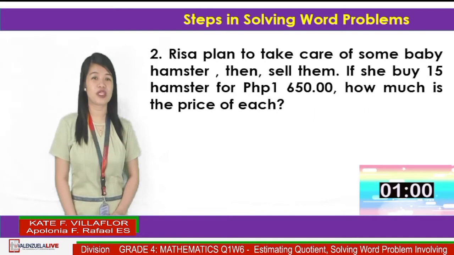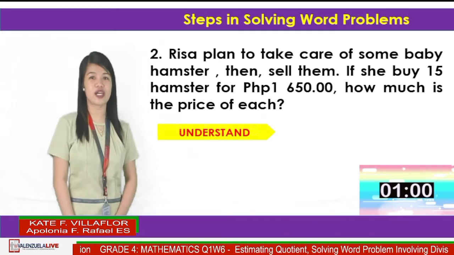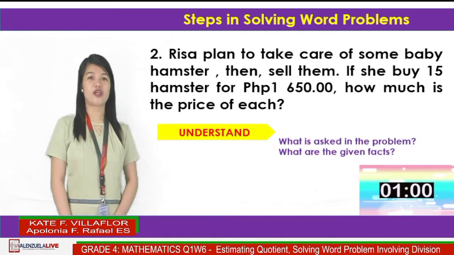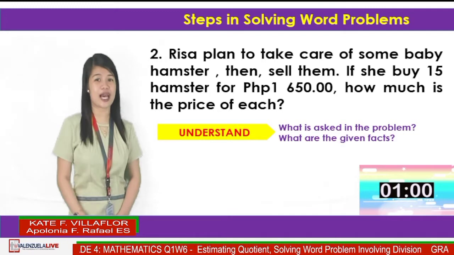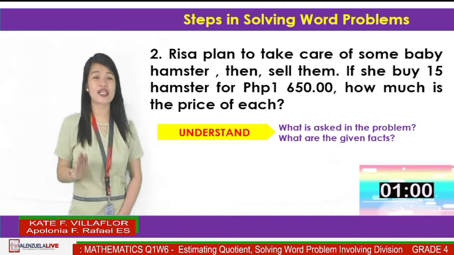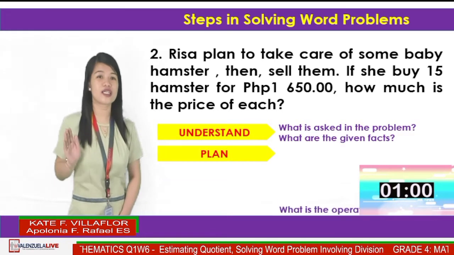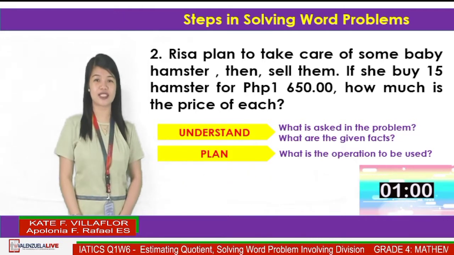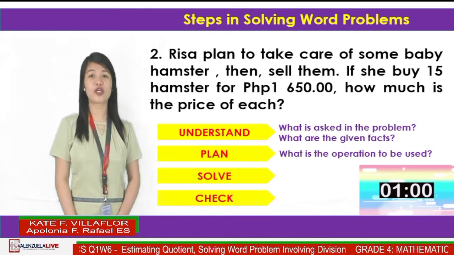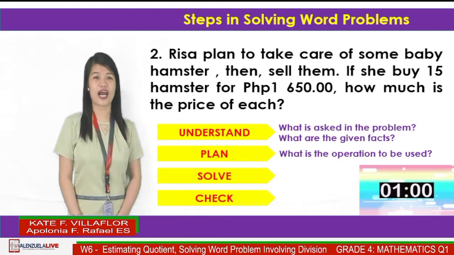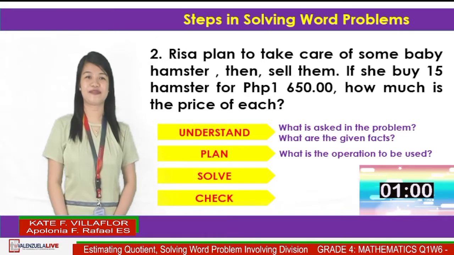Again, I will give you 1 minute to answer the following question. We're going to answer what is asked in the problem, what are the given facts, what is the operation to be used, and then we're going to solve and check. I will give you 1 minute.